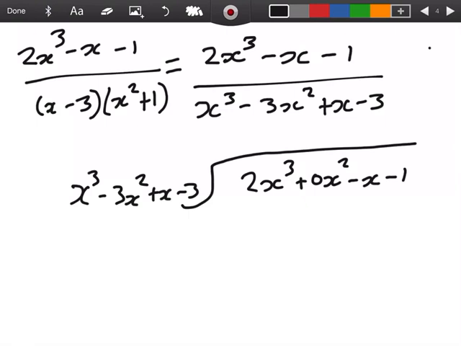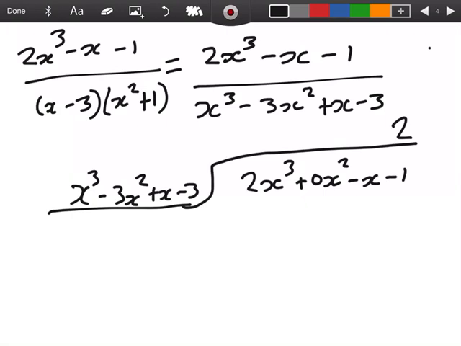And then this time, x cubed times by what gives 2x cubed. That's just 2, so we move it right to the end. And then we're finished because the top part of the division has sunk lower in terms of degree than the divisor, so that's when we know we're finished.